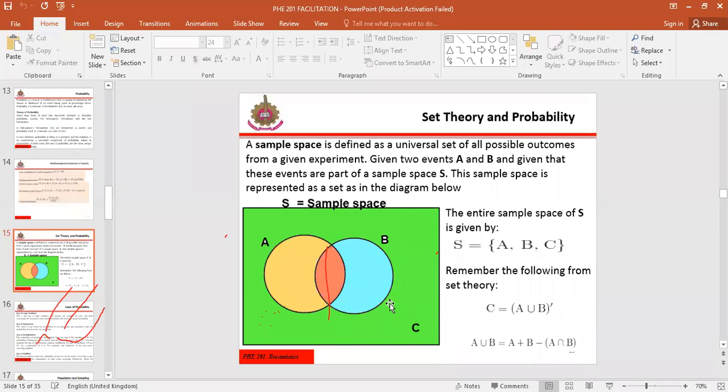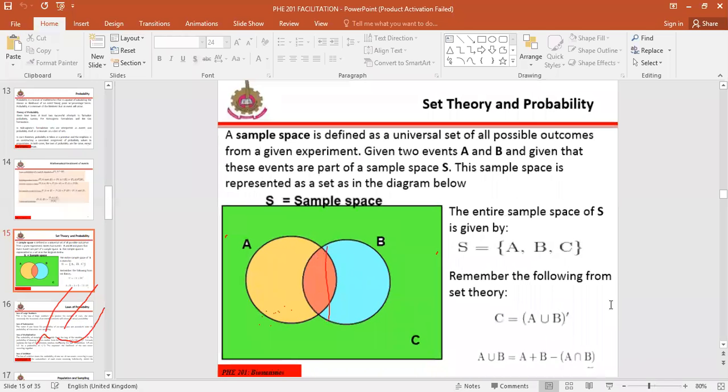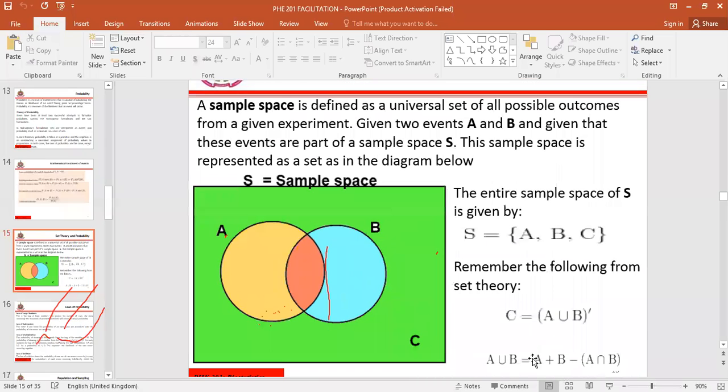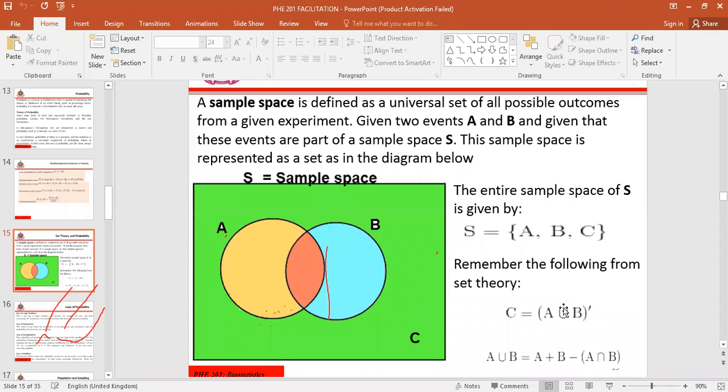Now, don't forget that your A union B, as you have in this bracket, is A plus B minus A intersection B. I hope you are seeing this.